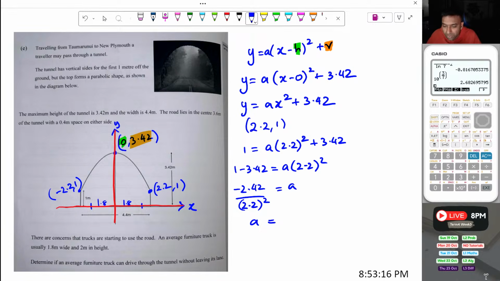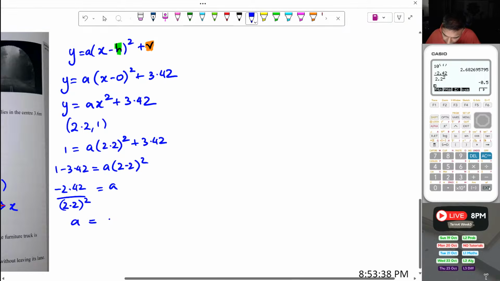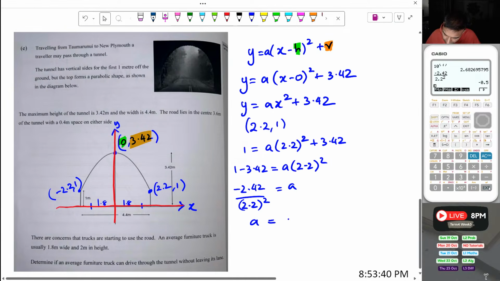Let me just work that out in the calculator. Negative 2.42 divided by 2.2 squared. So that's going to give me a value of negative 0.5.